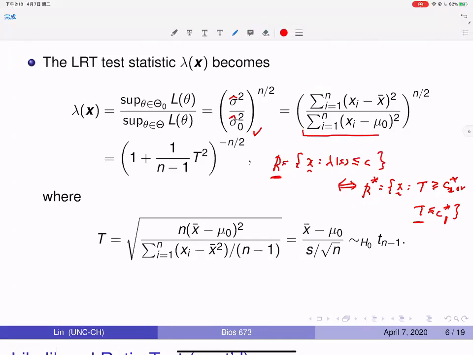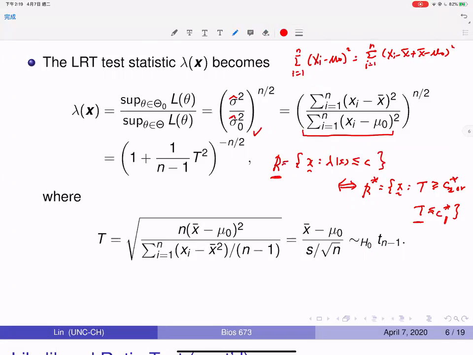By saying open up, it's you working on your summation i from 1 to n, then xi minus mu 0, in the denominator. Then make it as a summation i from 1 to n, then xi minus x bar, then plus x bar minus mu 0, then taking square.